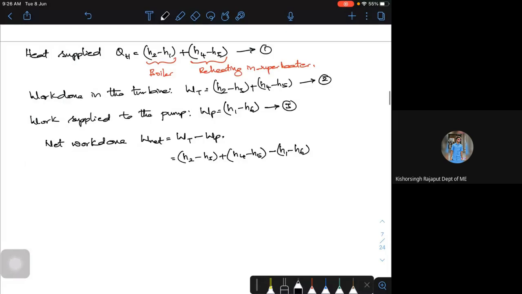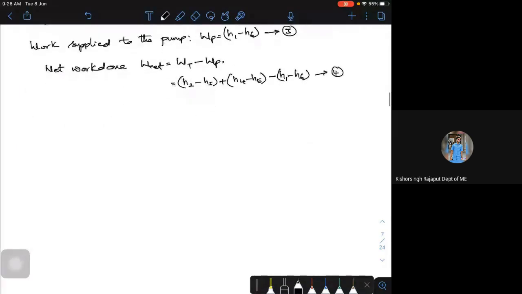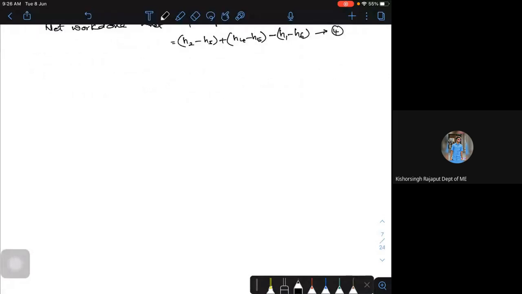Now what is the thermal efficiency for the cycle? Thermal efficiency is nothing but net work done divided by heat supplied.